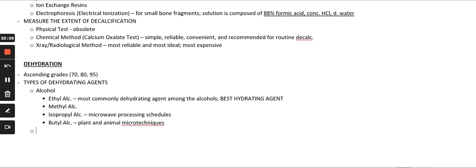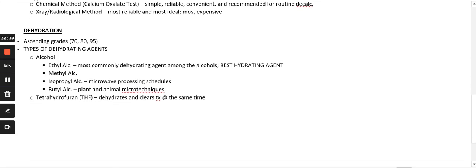Now, another type of dehydrating agent is tetrahydrofuran, your THF. It dehydrates and clears tissues at the same time. It is a dehydrating and a clearing agent at the same time. Basically, that's our discussion about dehydration.